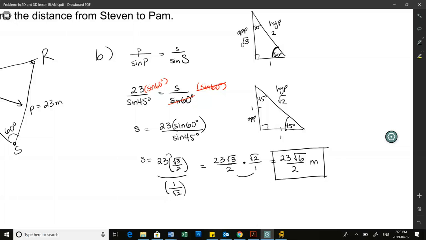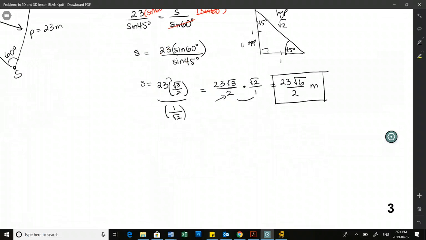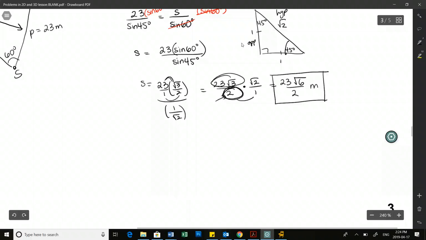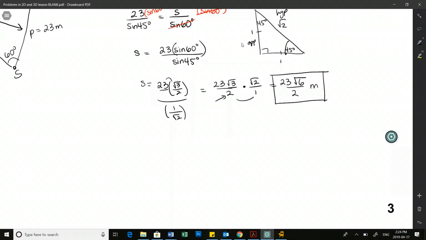Like how did the under 2 and the 1 go away? The over 2 is still there. It's right there. I'm just multiplying this root 3. So if we think of this as root 3 over 1, I'm doing 1 times 2 to give me this 2, and then I'm doing root 3 times root 3. So I'm just merging those two fractions by multiplying. And then I flip and multiply the bottom part.